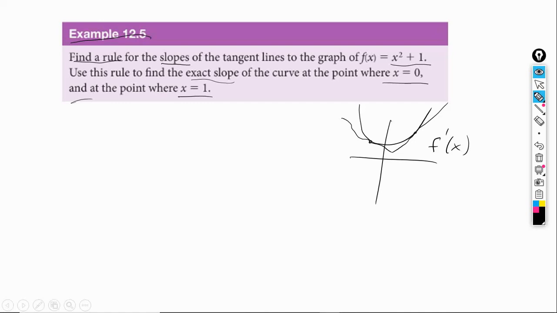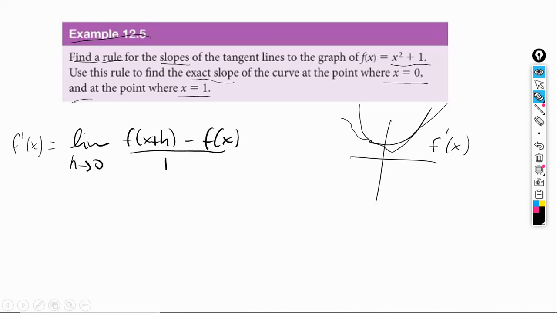Now remember the definition of a derivative: the derivative of a function is equal to the limit as h approaches 0 of f of x plus h minus f of x over h. So in this specific case, it's going to be what?